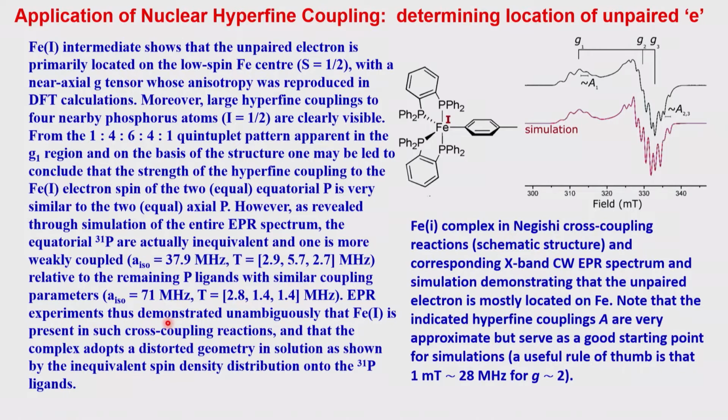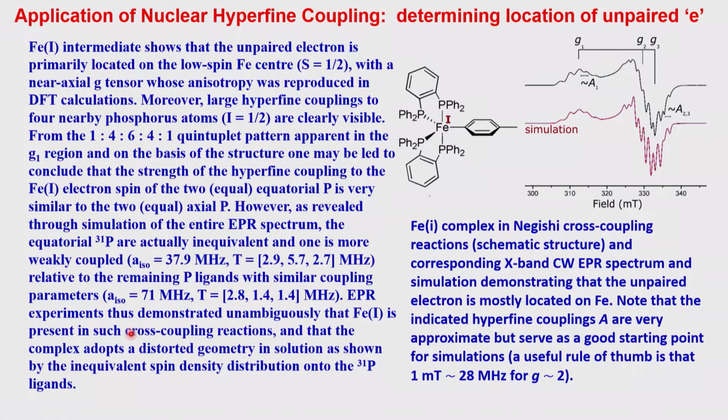I will not say mismatch, we will say coupling constant difference will be there, and these are the weakly coupled ones. So you can see that the equatorial 31P are actually inequivalent, and one is more weakly coupled than the remaining ones. That is why your counting of the lines is not properly coming. Similarly, they also have different coupling constants.